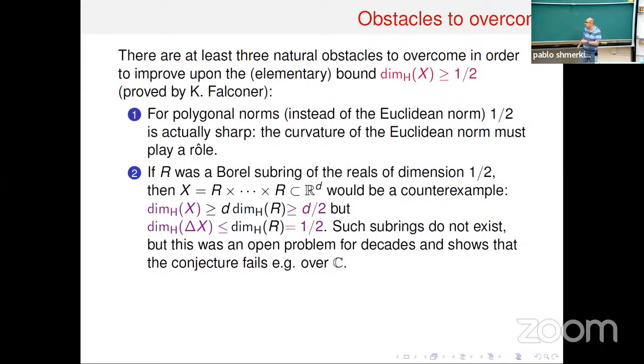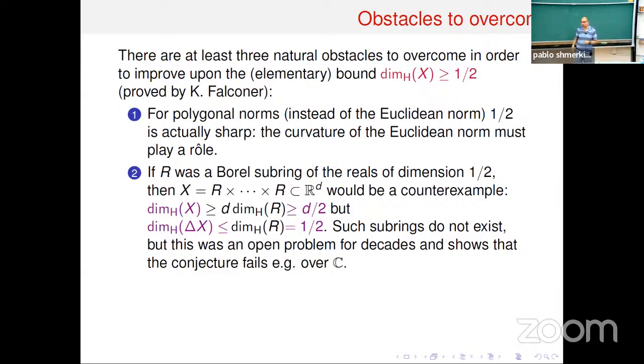Okay, the second one, I would claim, is quite a bit more serious. So suppose that you have a Borel subring of the real numbers, R, of Hausdorff dimension 1/2. You take the Cartesian product with itself d times, R times R times R, d times. Morally it has dimension d over 2, because the original set has dimension 1/2.